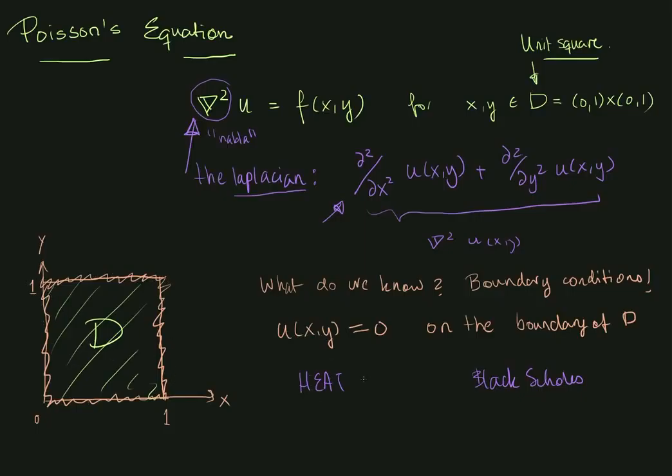In the case of the heat equation, we had the two edges over here, and then we had some initial condition down here, and then we worked our way up in this direction. For Black-Scholes, we had a starting condition over here, and also one over here. So we had the boundary conditions set, and we had a terminal condition for time capital T up here, and then we worked our way down as such.